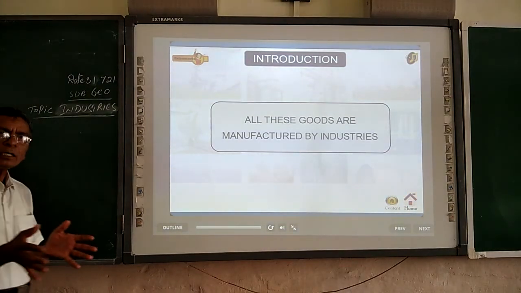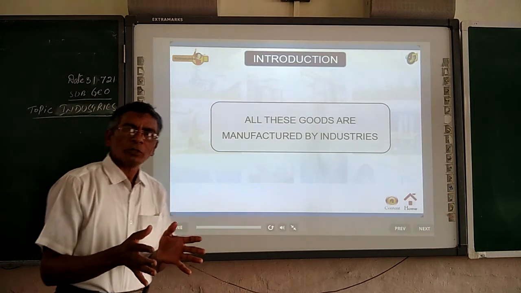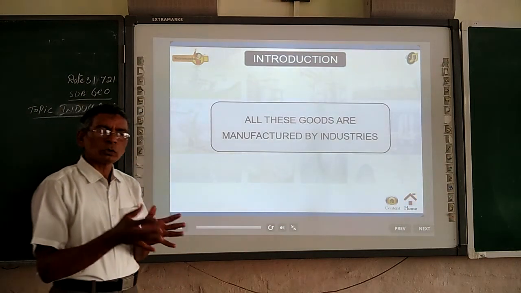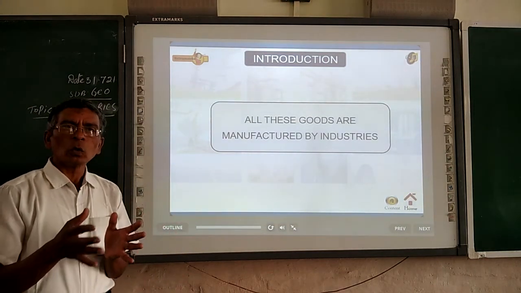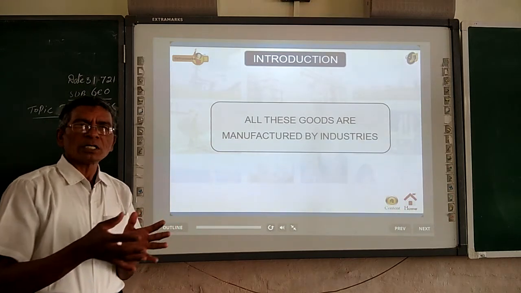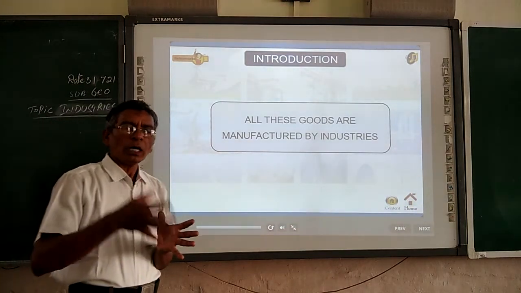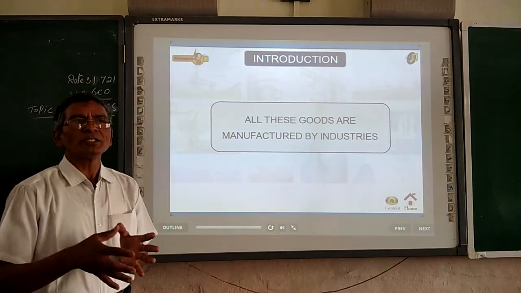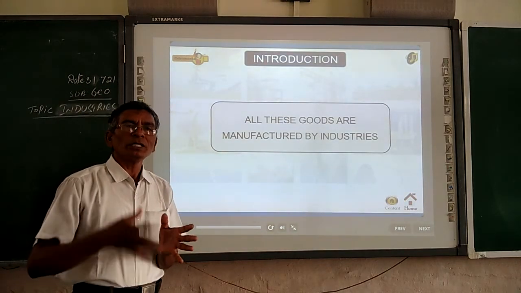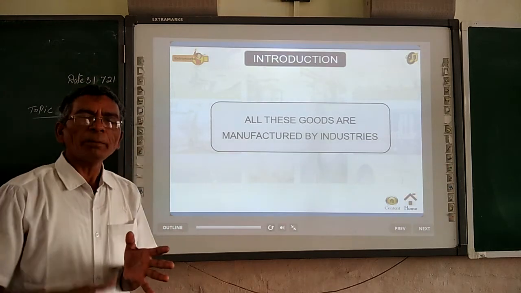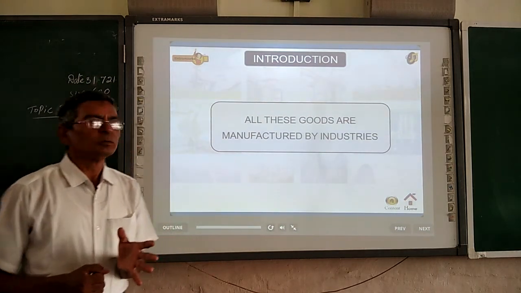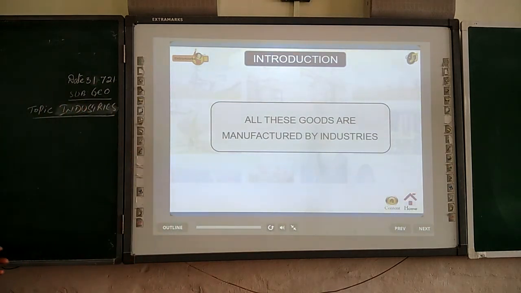Whatever we have seen here on the slide, either biscuits or cars or jute or tin or clothes, utensils, etc., all those materials or articles are manufactured by these industries. All these items are made by the industries. Right? So what is it? Industry. So industries are very big.